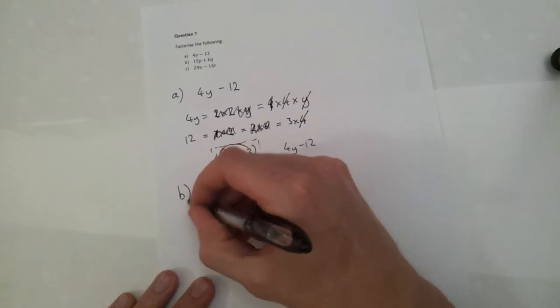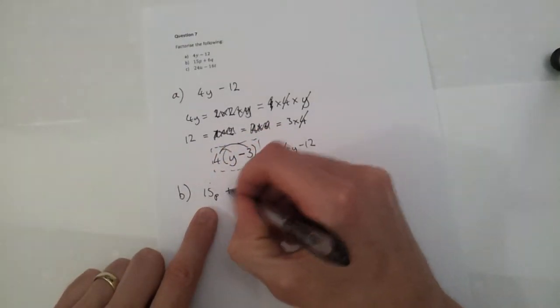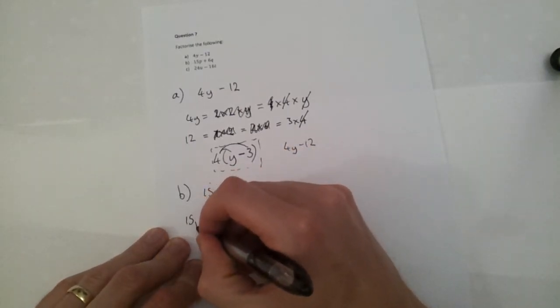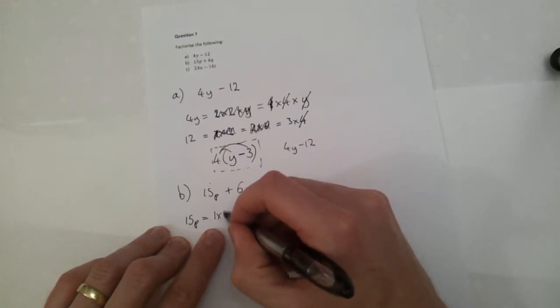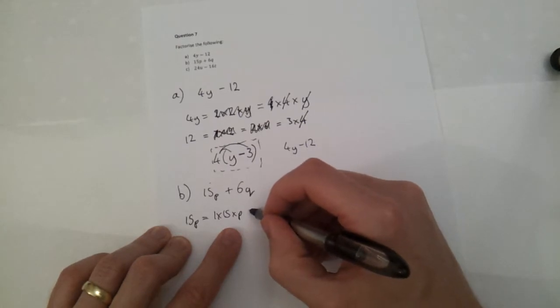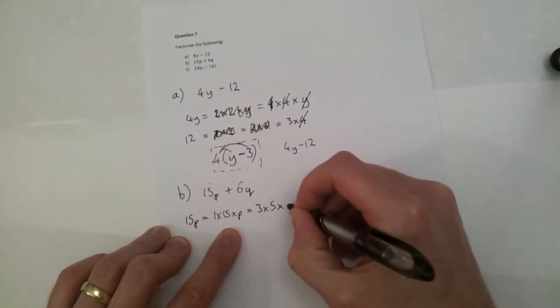So exactly the same principle applies. B is 15p plus 6q. So let's break these down into their factors. 15p could be written as 1 times 15 times p, or it could be written as 3 times 5 times p.